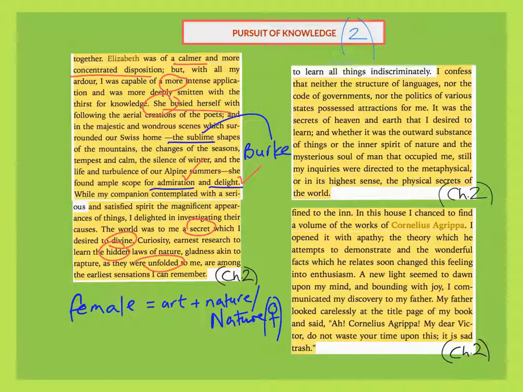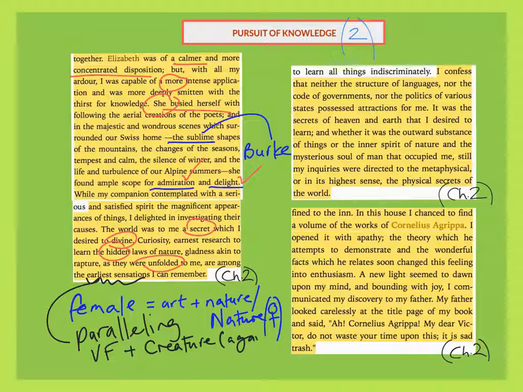Now, paralleling later on, the creature, when he gets hold of the narrative and we hear from him, recalls its earliest sensations, obviously being brought back to life from composite body parts. But the parallel here, some of the earliest sensations that Victor Frankenstein can remember, is a desire to explain, to get to the root causes and mysteries of natural science and the natural world.